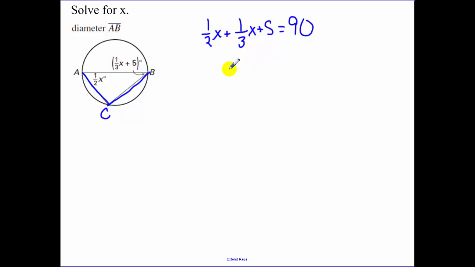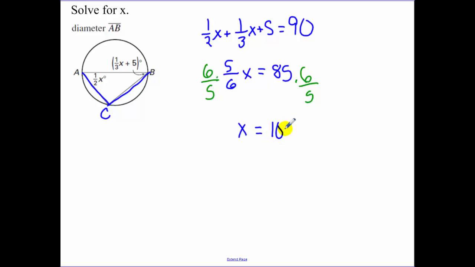When I combine 1/2 and 1/3, I get 5/6 x, and I'm going to subtract the 5 over. Now we multiply by 6 over 5. So we get x to equal 102.